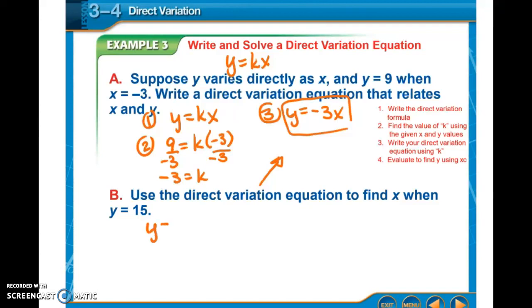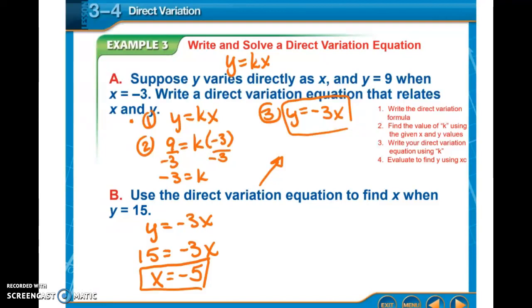The equation is y equals negative 3x. So when y equals 15, we plug in y equals 15, and then we just solve for x. So x has to equal negative 5. So steps again: write the direct variation formula, that's this one.